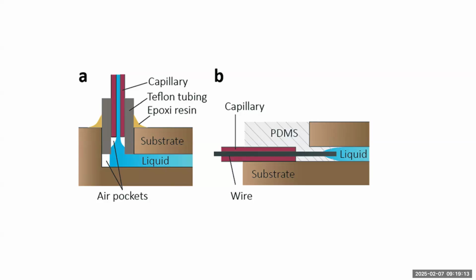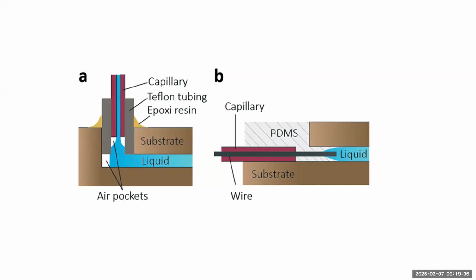So if you have trapped air in your device, these conditions of a microfluidic device will automatically cause the bubbles to grow. They suggest, if you have to have dead spaces, in figure part B, one possible way around this is to fill those dead spaces with PDMS, with a wire running through the PDMS.